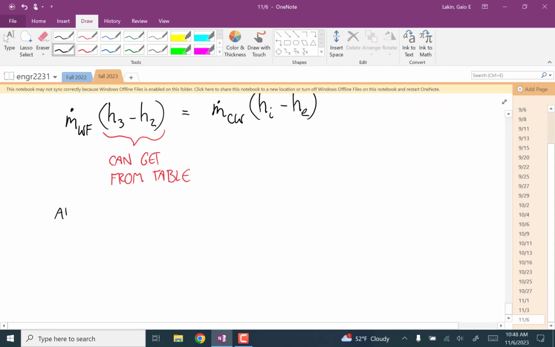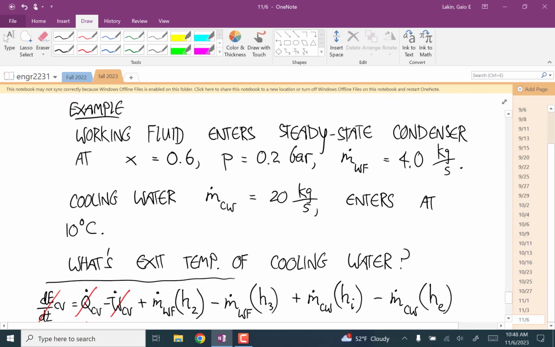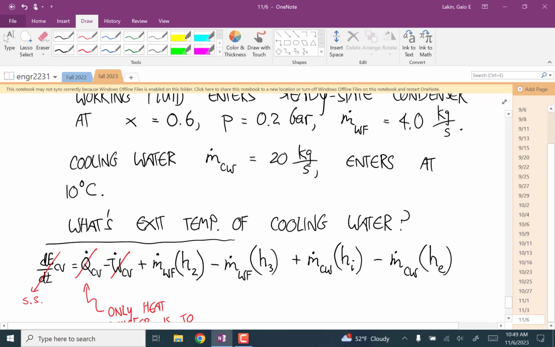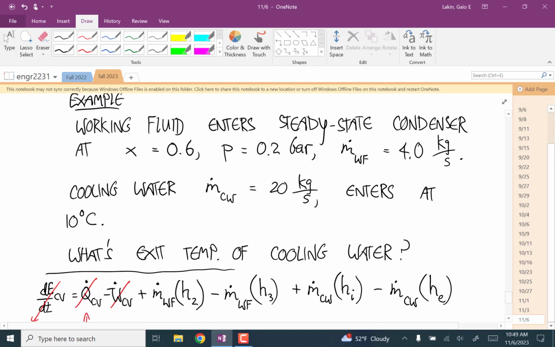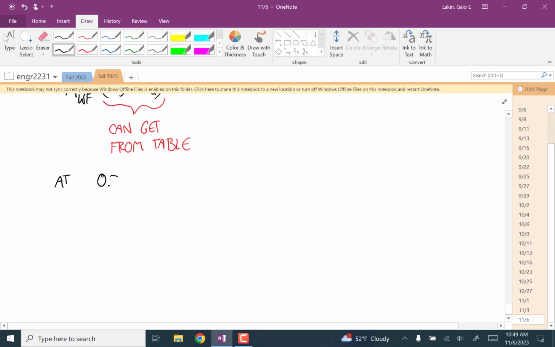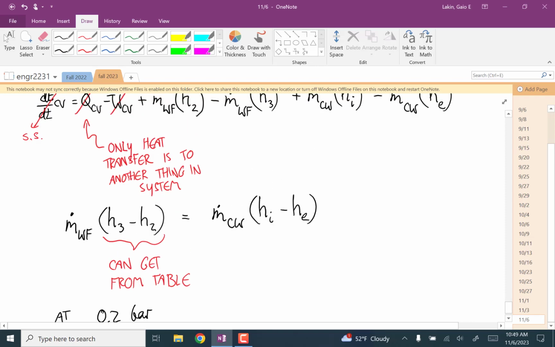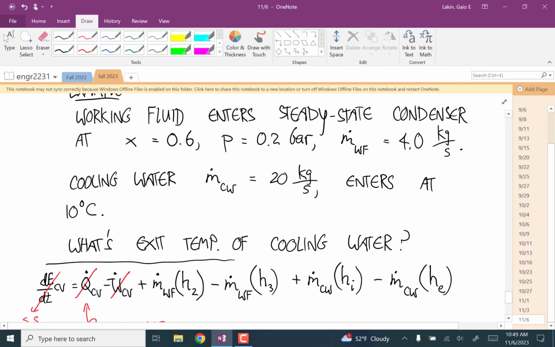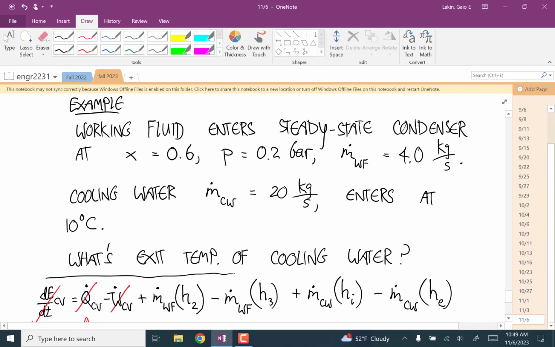So at a pressure of, remember, we know that the working fluid going through the condenser is at constant pressure. And so we have a pressure for the working fluid of 0.2 bar. Let's see where it enters.